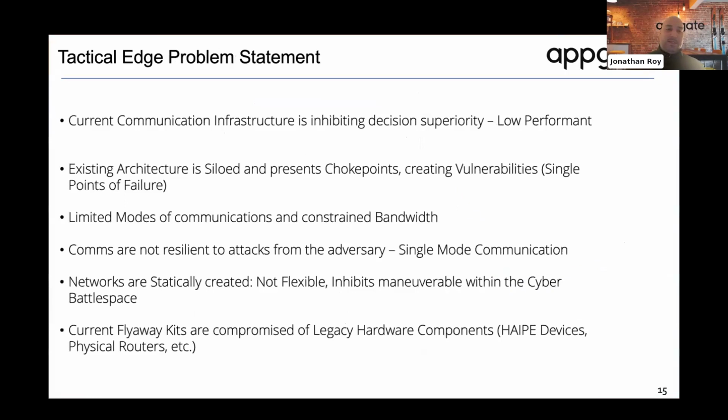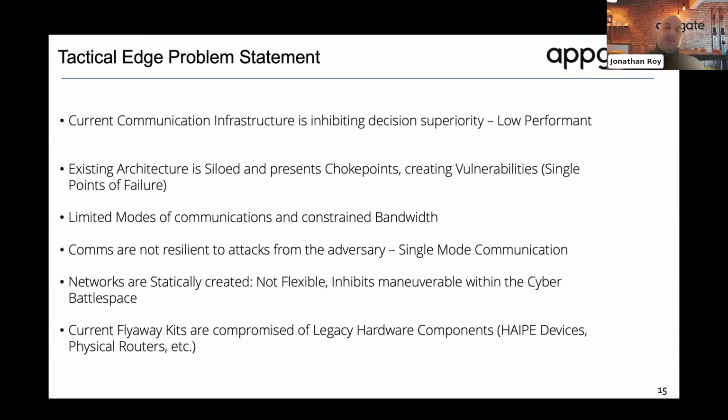To summarize those pain points into something you can digest here, we were really trying to solve for the current limitations for throughput. We were trying to solve for the inability to use multiple modes of communication. So if there were different modes, for example, SATCOM and 5G and MPLS and really any other network, can I use those all at the same time?